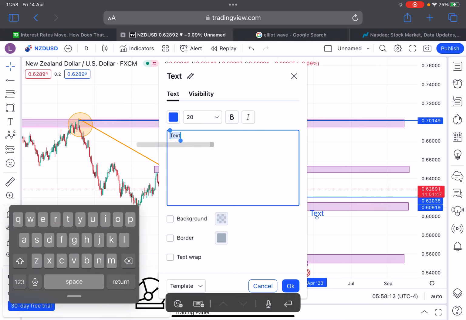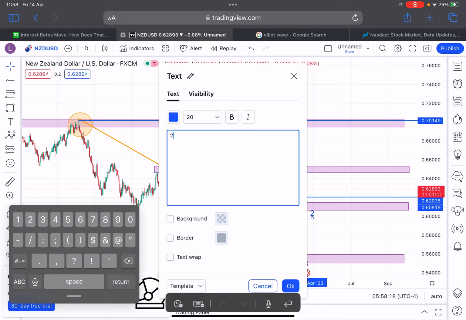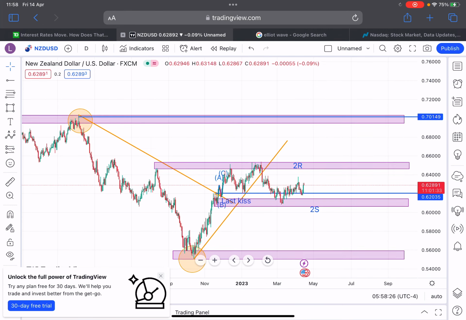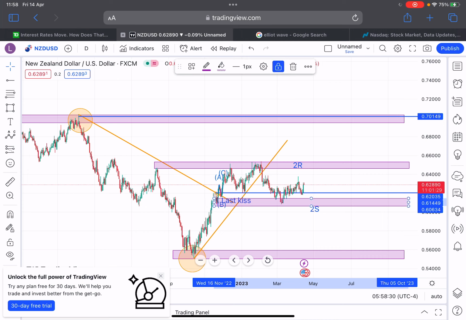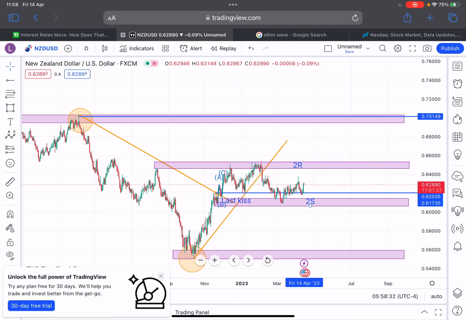We have a second support too, it is consolidating between our second support and our second resistance.